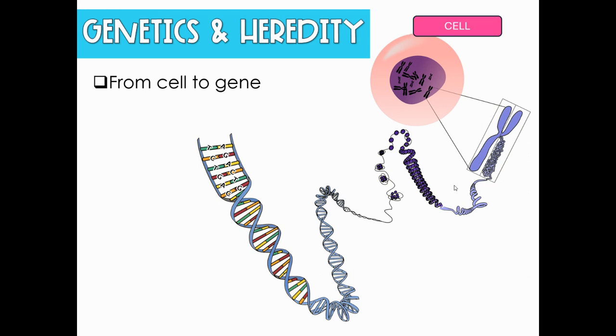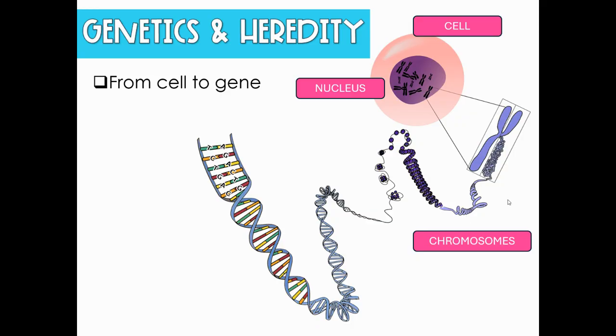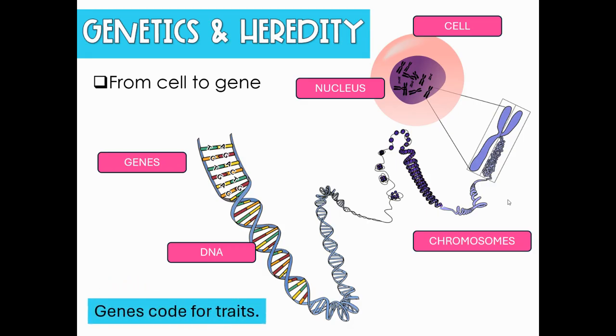Starting with the cell, inside the cell you have the nucleus, and in the nucleus you have chromosomes. If you unwind those chromosomes, we have DNA. If we focus on a segment of DNA, these are known as genes. And we learned this year in heredity that genes code for traits. So this could be eye color, hair color, height, fur patterns.